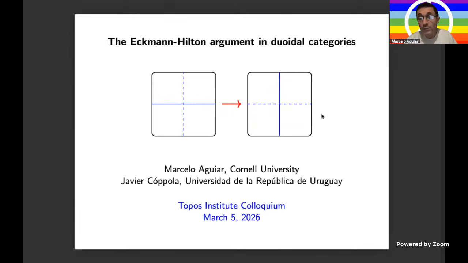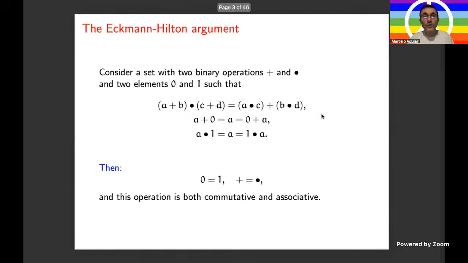Most of this work is coming from earlier work with Swapneel Mahajan on the foundations of duoidal categories, and some more recent work with Javier Coppola, in which we derive a particular application to Hochschild cohomology, and that's what we'll enter at the very end. Okay, so let's go ahead with the definition of duoidal category.